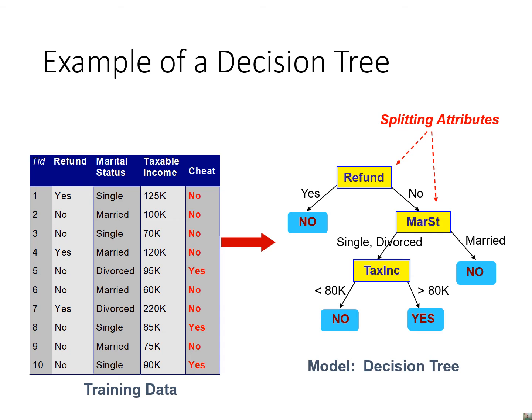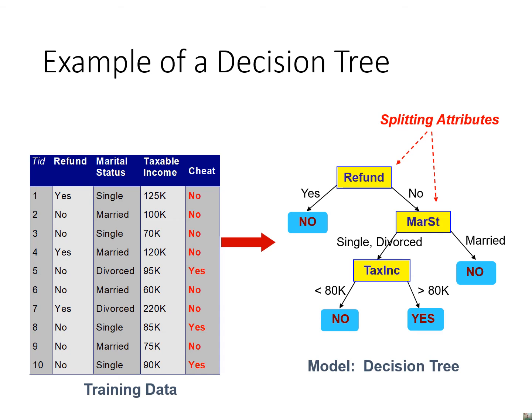These particular features, or attributes, are used for constructing a tree. We use every attribute or feature for making a decision. The decision for refund is either yes or no, because yes and no are the data available for this feature. So it can make two decisions, either yes or no, and according to that we have to go in two different paths for decision making.